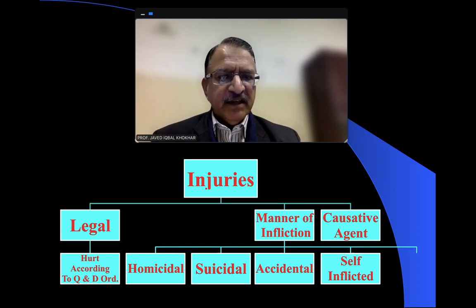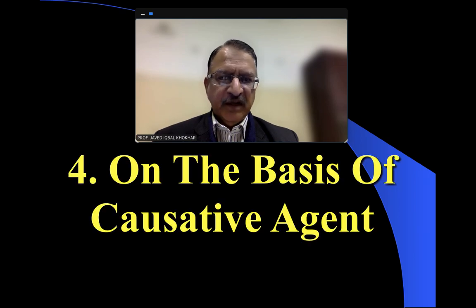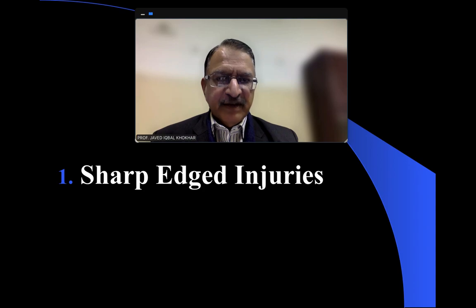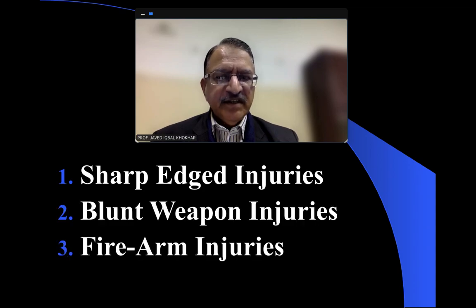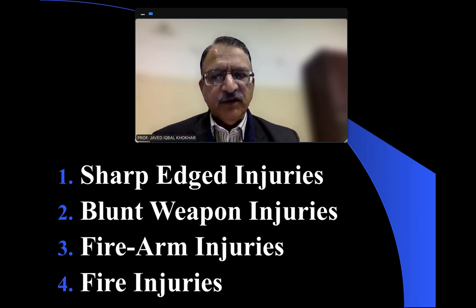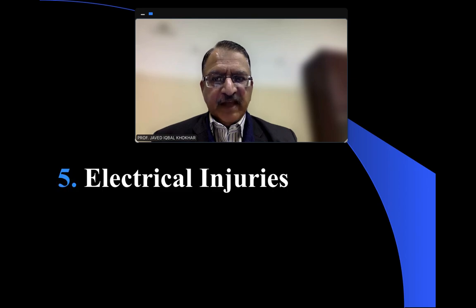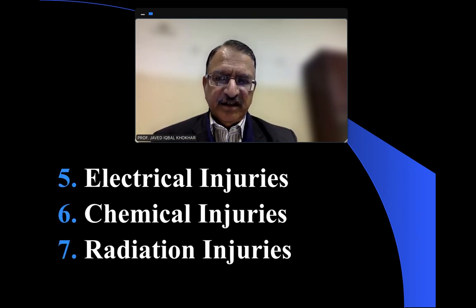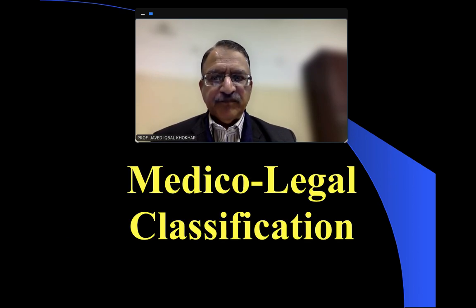So the manner of infliction, homicidal, suicidal, accidental, and self-inflicted, legally is according to the hurt of Qisas and Diyat law. On the basis of the causative agent: sharp edge injuries, blunt injuries, firearm injuries. Then fire injuries, electrical injuries, chemical injuries, and radiation injuries. So these are all according to the causative agents.